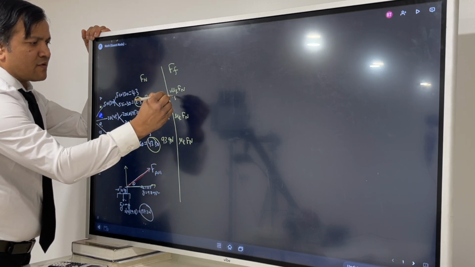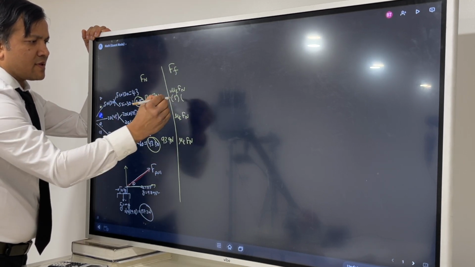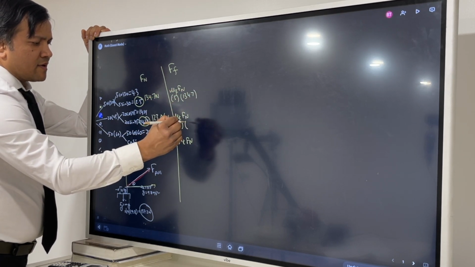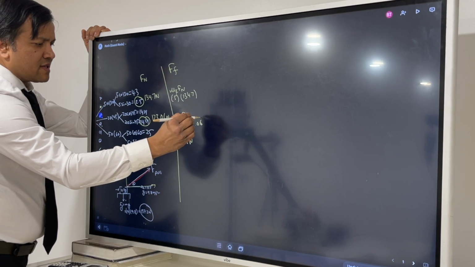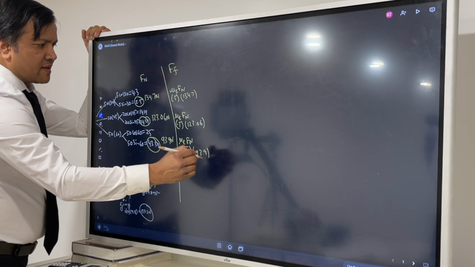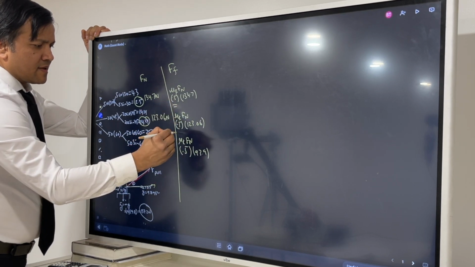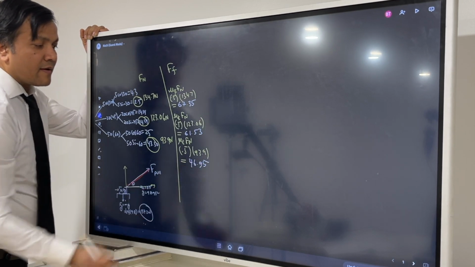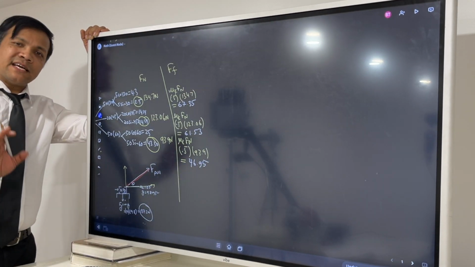So mu k is 0.5 and Fn is 134.7, 0.5, 123.06, 0.5, 93.9. So this one would be 6.95. Alright, good. Now that's force of friction.